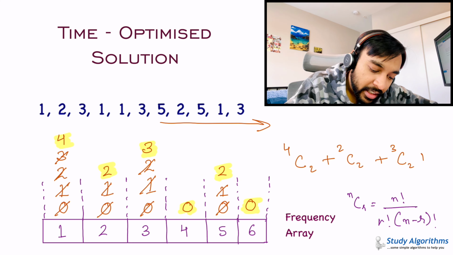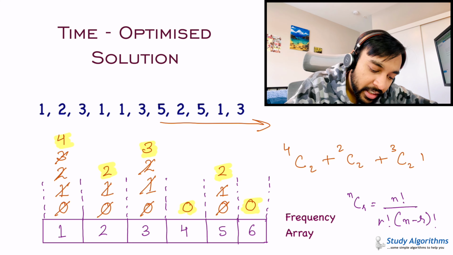Once we have completed this for loop to calculate the frequency array, we initialize a value total count that will store the total number of pairs you can form. And to calculate this total number of pairs, I will again run a for loop. In this loop, what I will simply do is I will apply the formula nC2 to each of the elements in my frequency array.